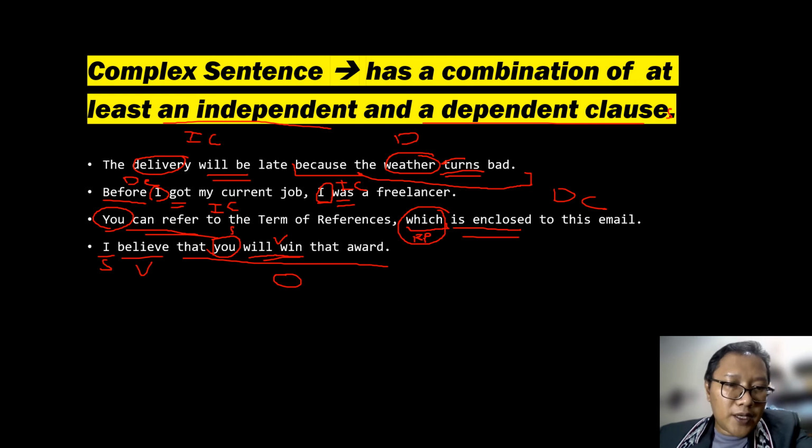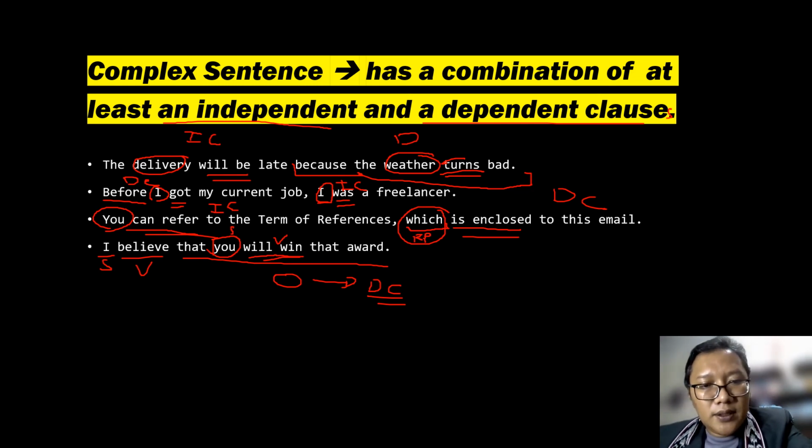So the object here is basically a dependent clause, and I believe plus object is the independent clause. This is what we call a complex sentence with a noun clause. These are some examples of complex sentences.